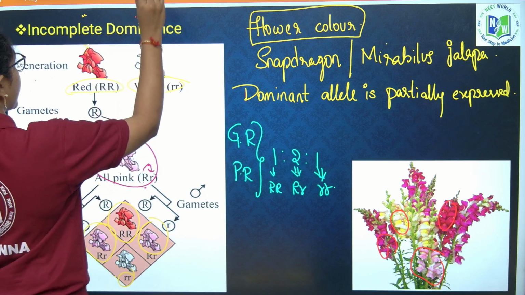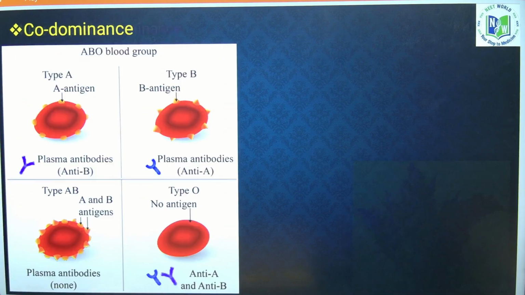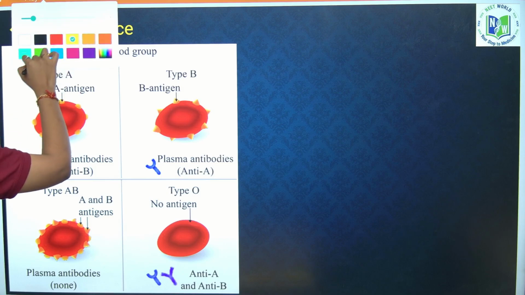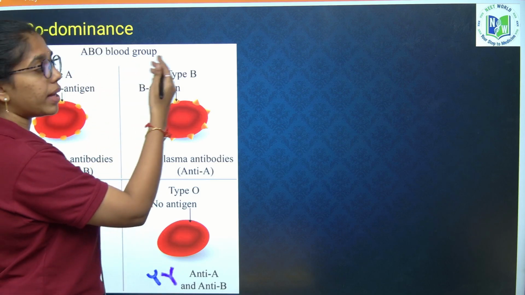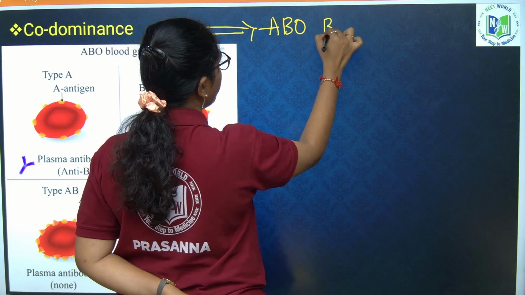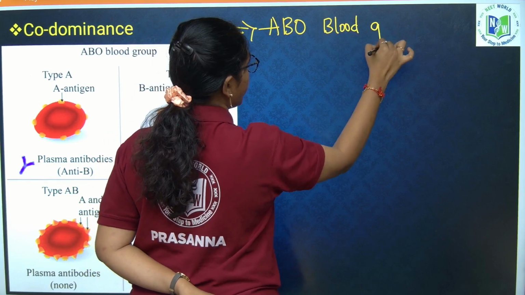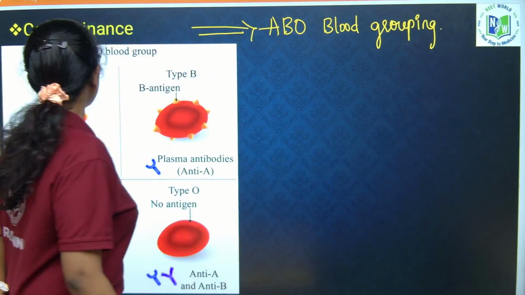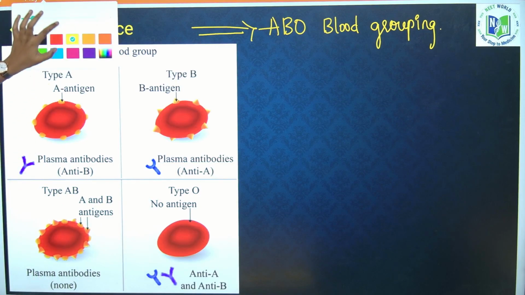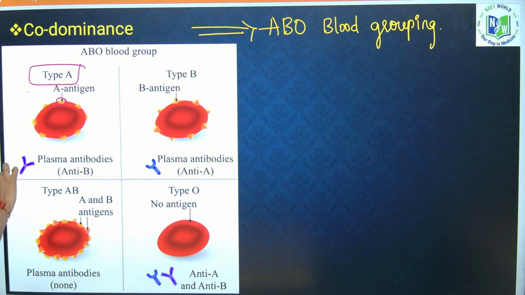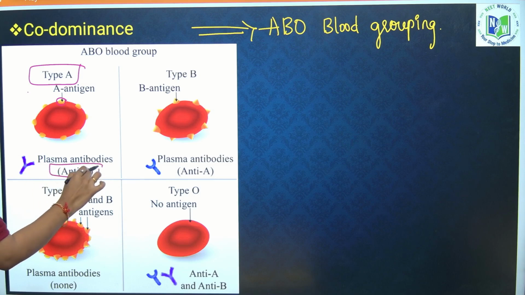The second concept which we are going to learn, which is also a deviation from Mendelian law of inheritance, is codominance, where two alleles are equally dominant. This can be explained by ABO blood grouping. If you take type A blood group, A-type blood group will have A antigen, and antibodies are anti-B.